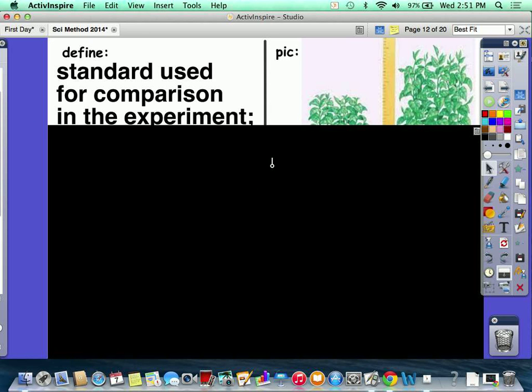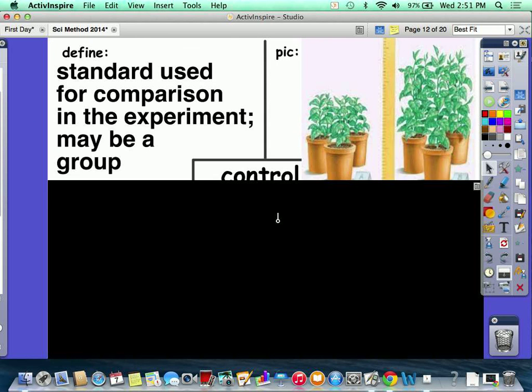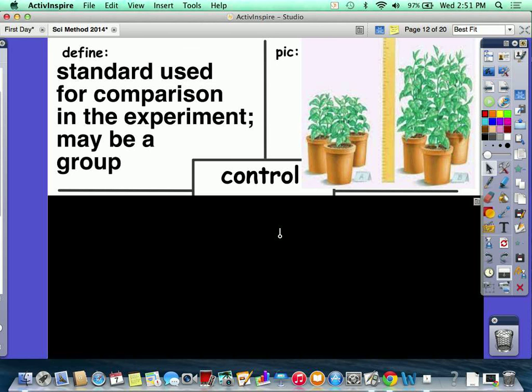And then we talked about our standard that we're going to use for comparison. What word is that? Control. Number 6 on your list. The control is our standard used for comparison. Keyword, compare.